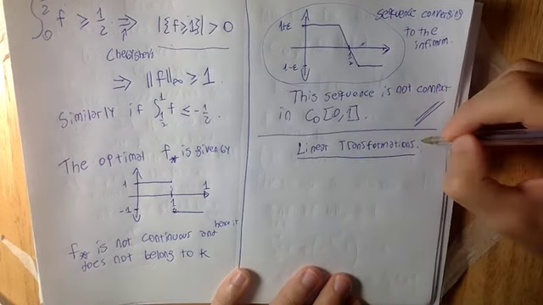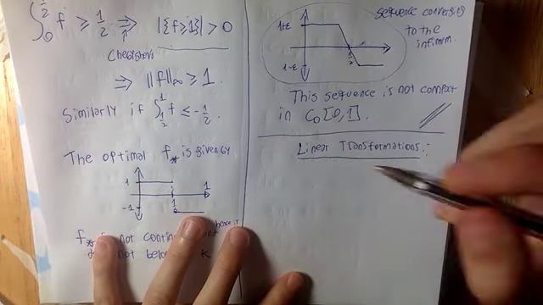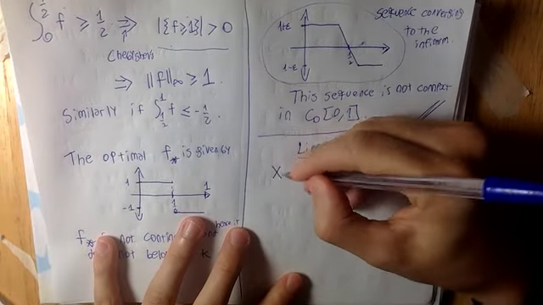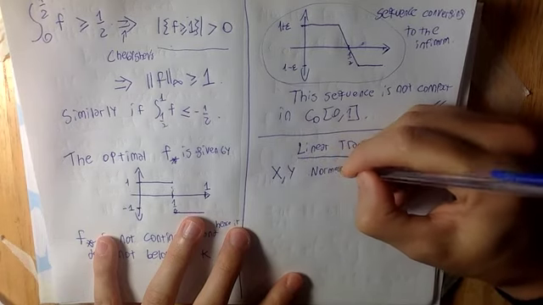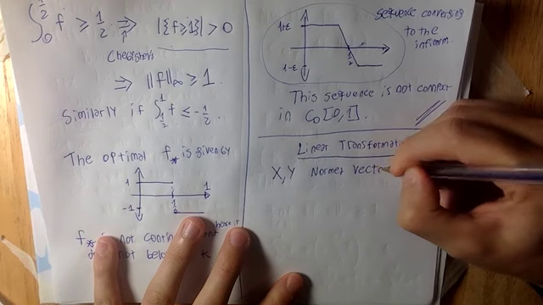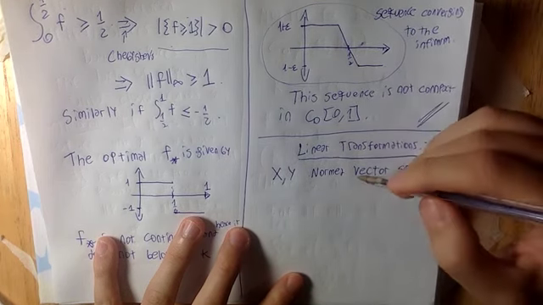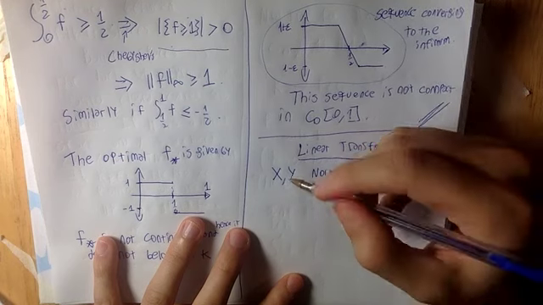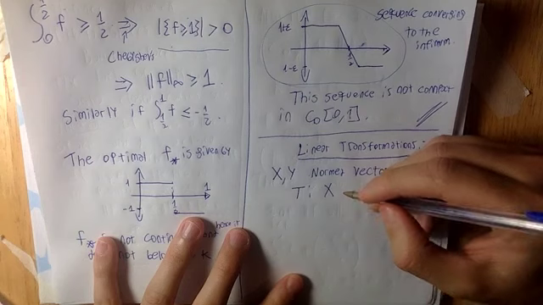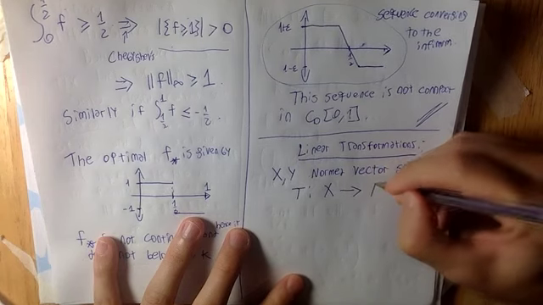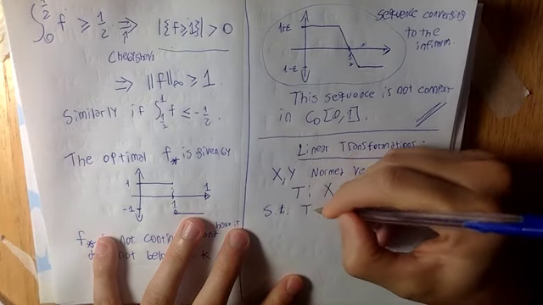We are going to consider X, Y normed vector spaces, and we are going to take a transformation T from X to Y such that T is linear.